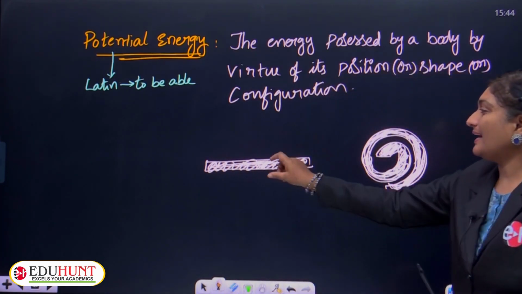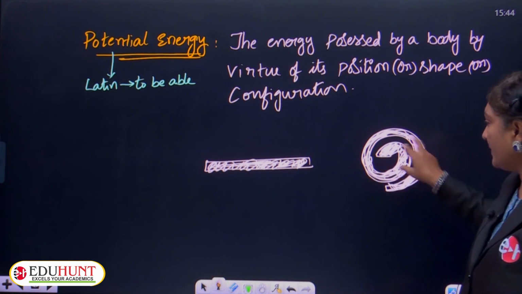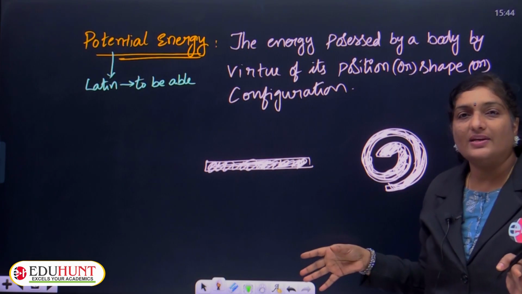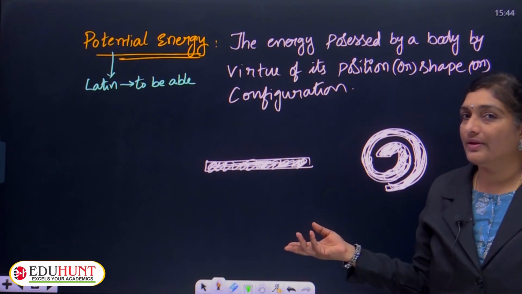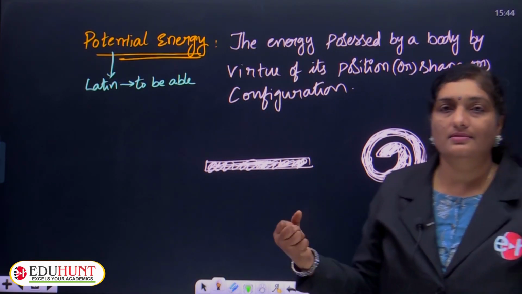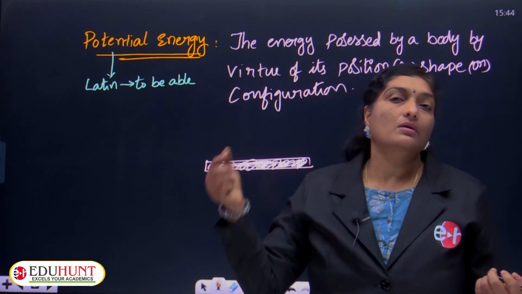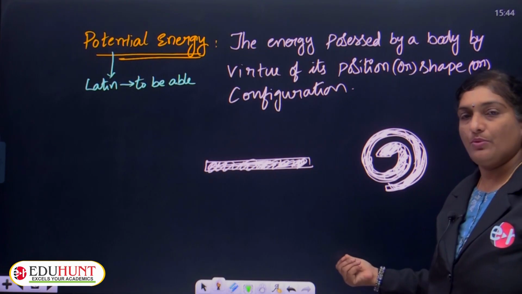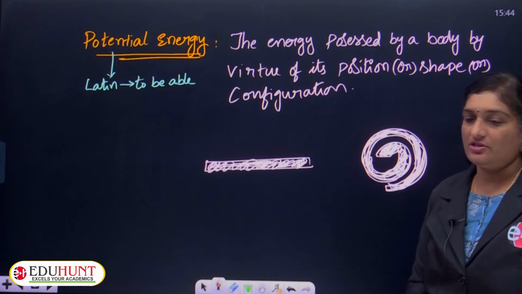Once this metal ribbon-like structure is rolled and its shape is changed, and once it is released, we can observe that it produces a large amount of energy. So due to the changing of its shape, it possesses potential energy.